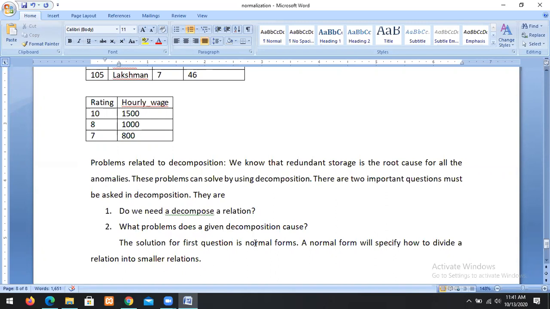Again, we go for what problems a good decomposition gives. There are two problems that arise during decomposition. One is the lossless join property, another is the dependency preservation property.